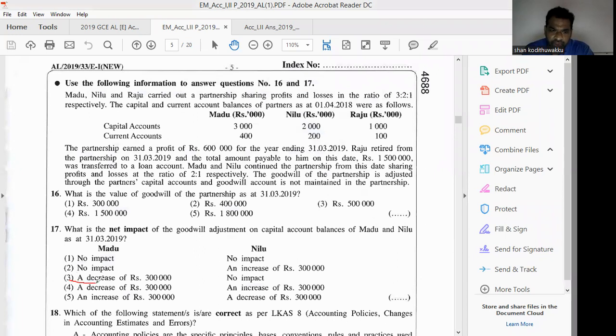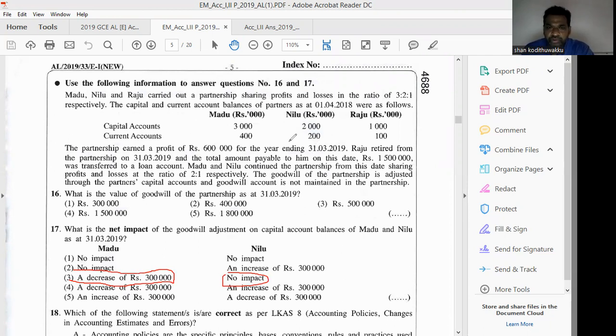Answer 3. Madhu's account, a decrease of 300,000 rupees, and no effect in Nilu's account. Why? We debited 600 and we credited 600 in Nilu's account. Therefore, net effect 0, no effect.